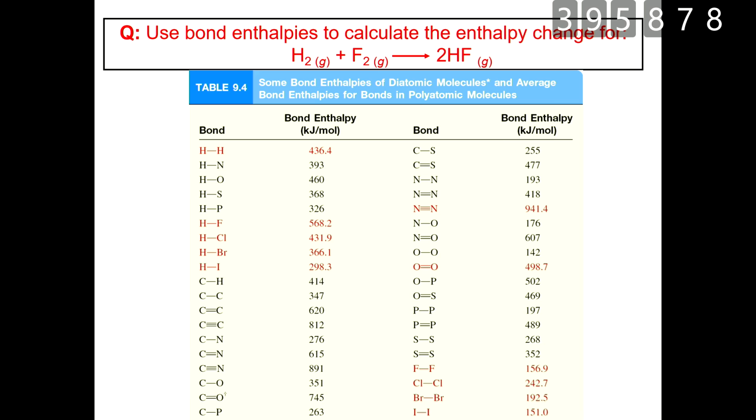So using reactants, 2 times 568, that is the products. But what is the reactant? Plus which one? Fluorine, this one.